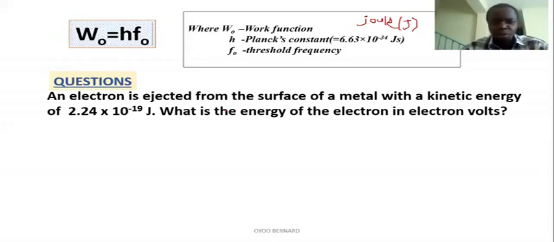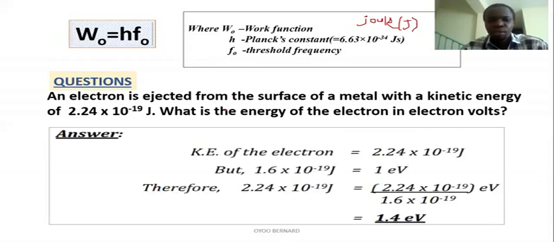So in this question, what is it that you need to do? Look at the way it is worked out. An electron is ejected from the surface of a metal with a kinetic energy.